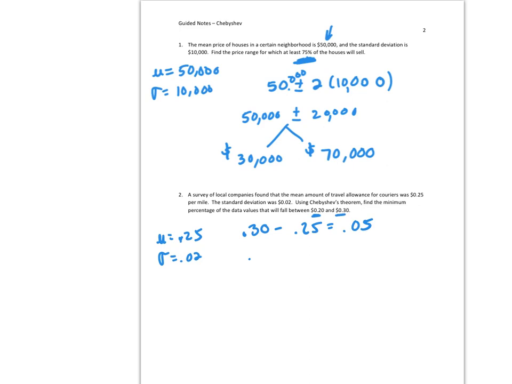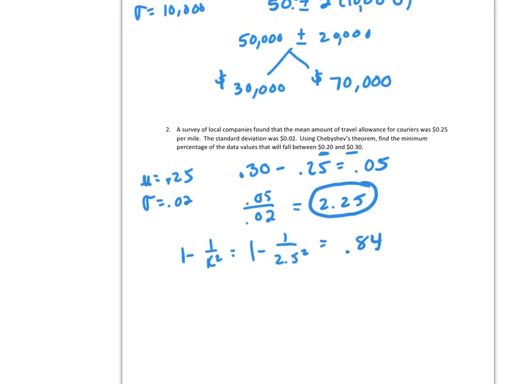So 0.05 divided by 0.02 is 2.5. So what I found is my k, how many standard deviations. Now I do 1 minus 1 over k squared, which is 1 minus 1 over 2.5 squared. Use your calculator and you get 0.84.